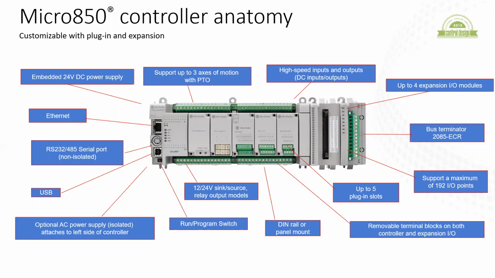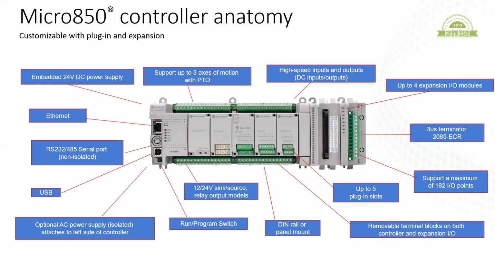And in addition to the 5 plug-in slots, there's also up to 4 expansion IO modules. We'll talk a little bit about the differences between the expansion IO and the plug-in slots. The expansion slots are a little more capable and add to the physical size of the controller as you add them on. But there's quite a bit of options with the expansion IO slots.